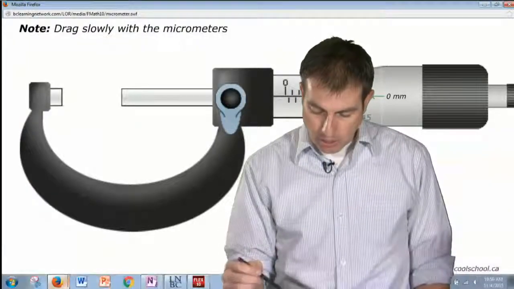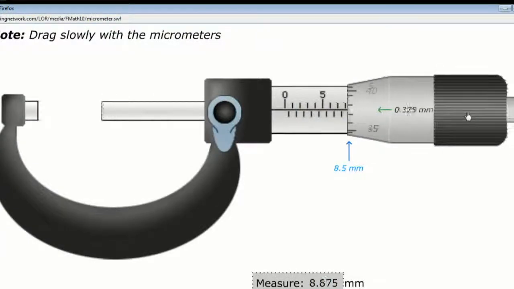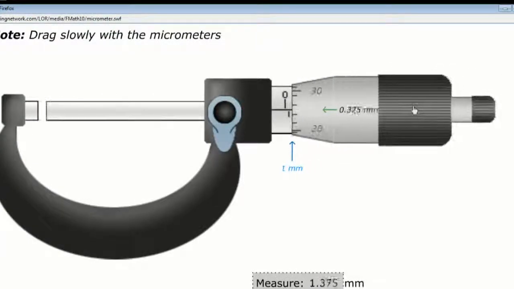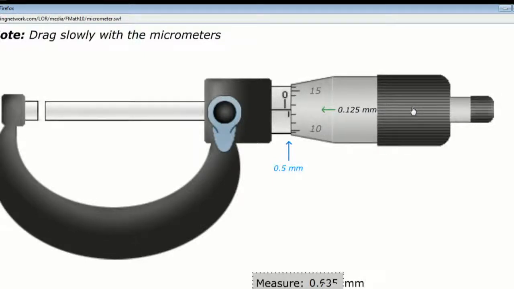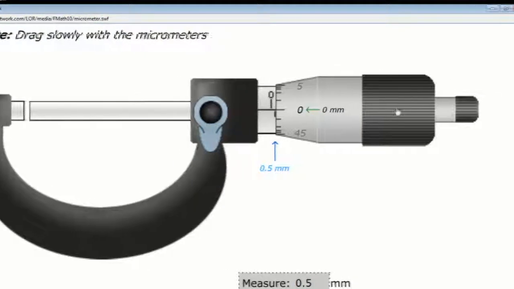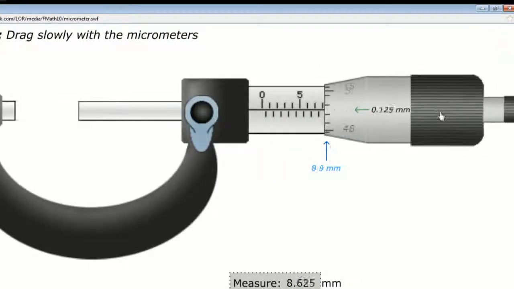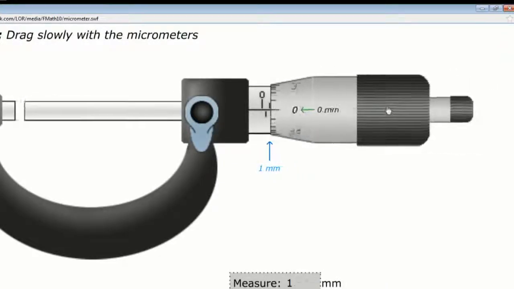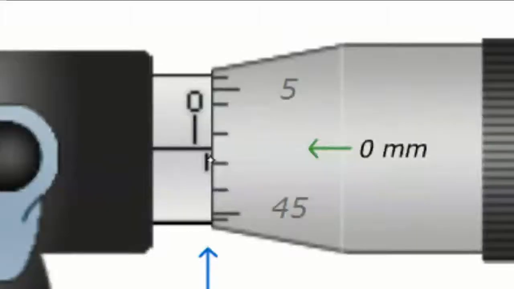If we look at our micrometer, I have 0, and then each mark here is measuring 1/2 millimeter. So every time you see one of these little lines here, this is 1/2 millimeter. So you have 1/2 there.